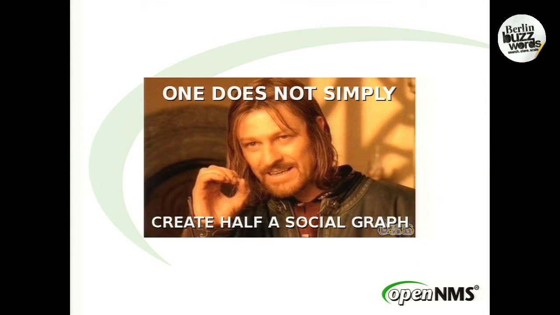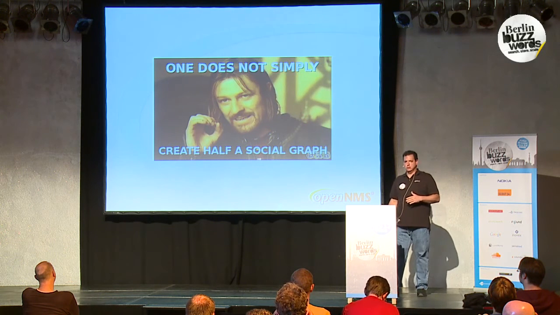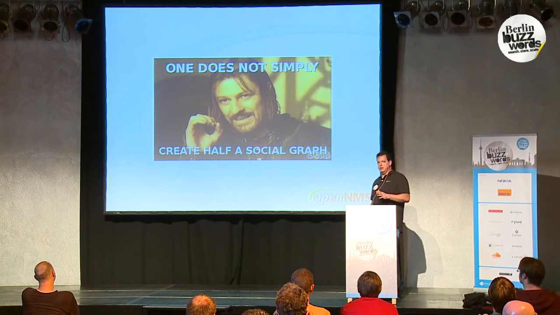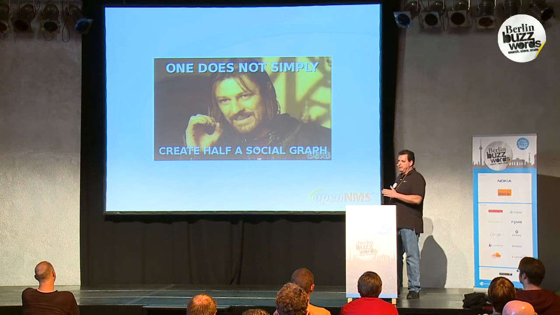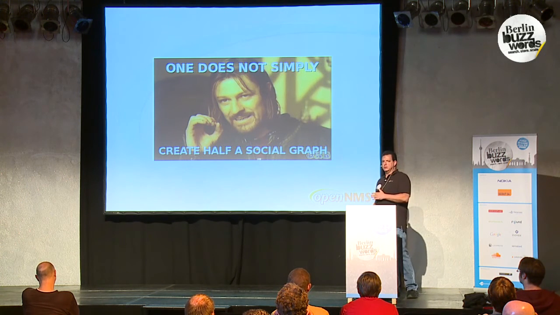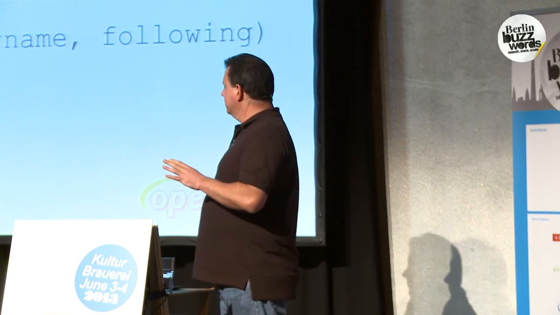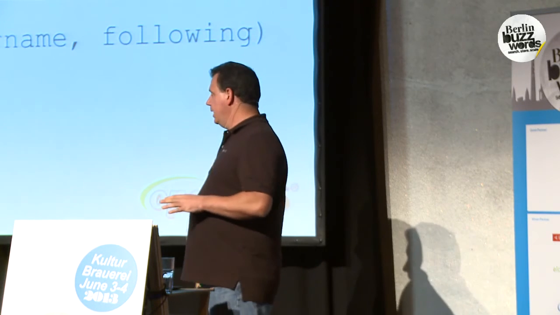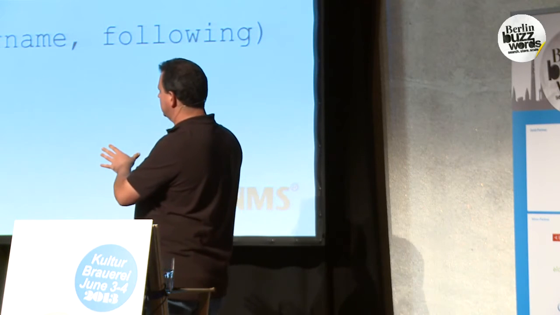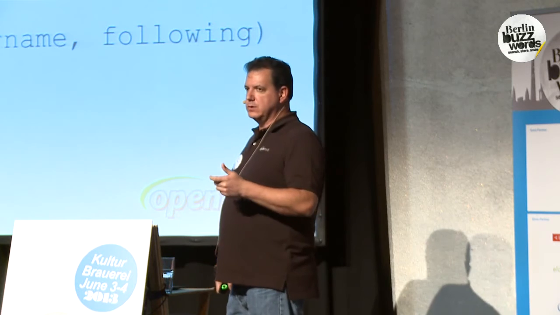So now we have a list of the people whom Meg follows, but for every person Meg follows, at some point we're going to need to know the inverse of that. Meg followed Stewie, so at some point we're going to need to know who's following Stewie, and so we need the inverse of that relationship. So for that, we'll create another table, which other than the name of the table and the name of the additional attribute is identical to the first, but this one's meant to track that inverse relationship.